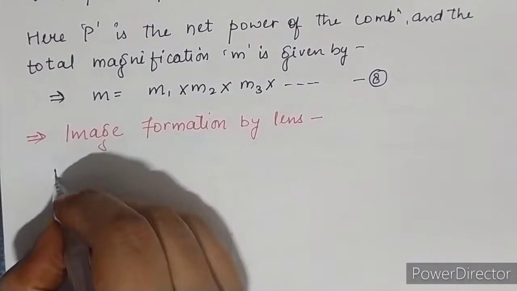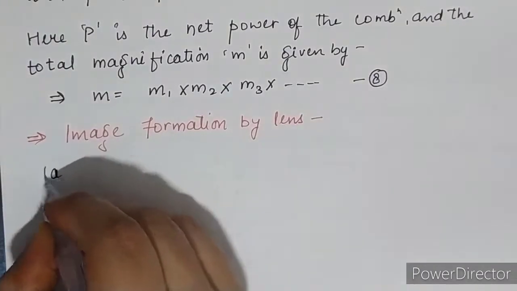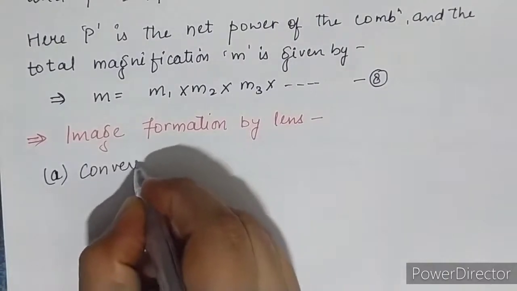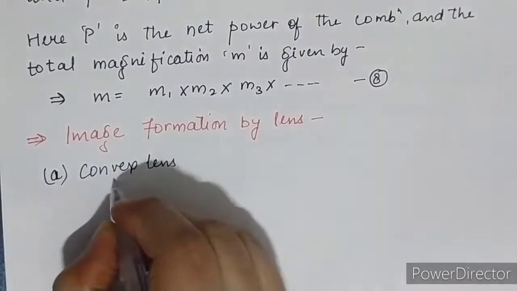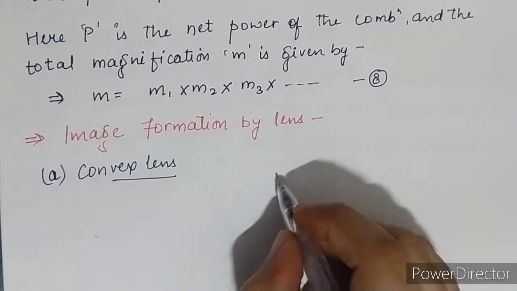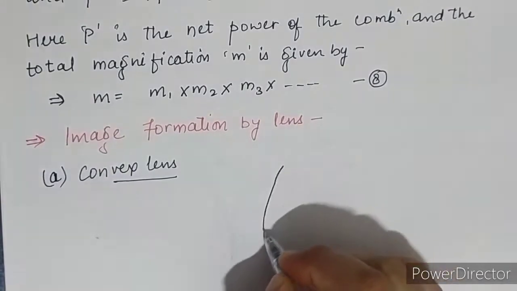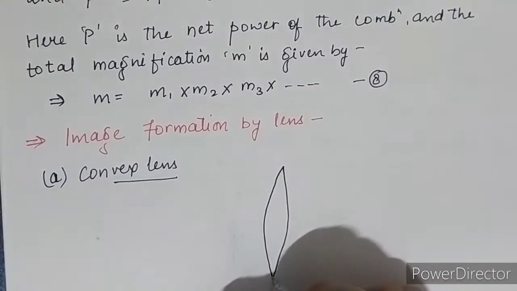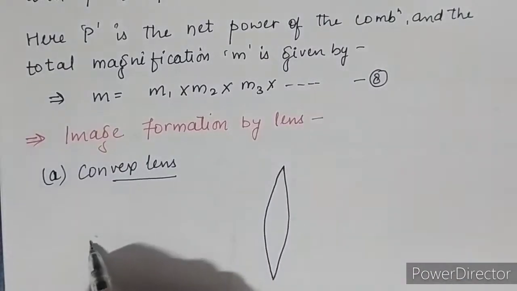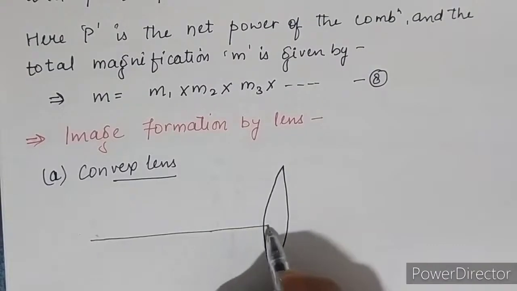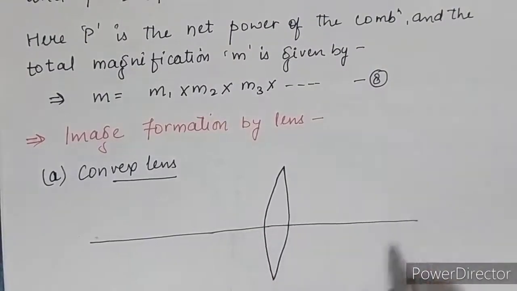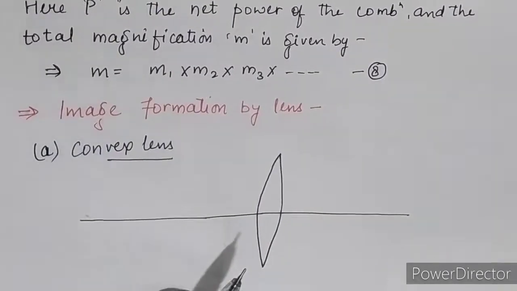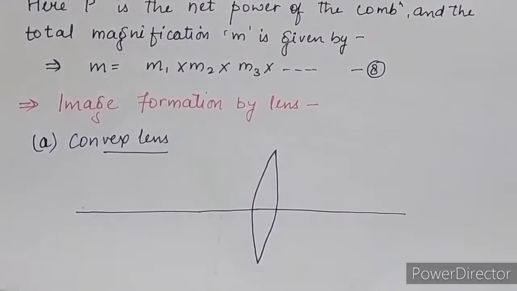So first of all I am making it for the convex lens. So here is your convex lens, and this will be the principal axis. Okay, and what are the rules, beta, that we have to use in the image formation by the lens?